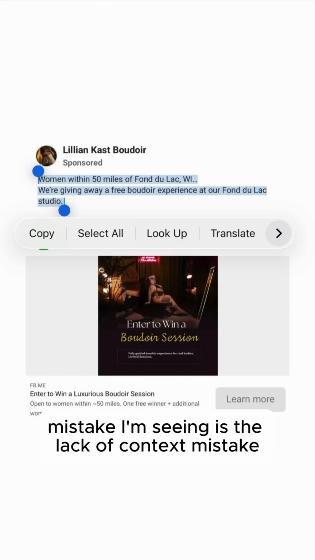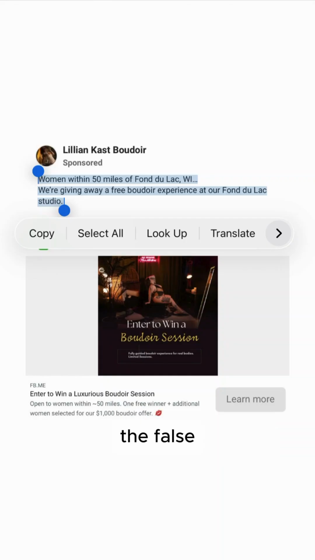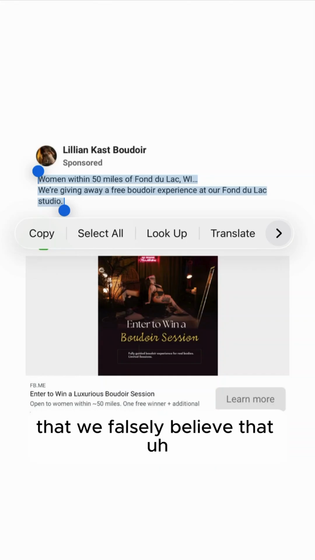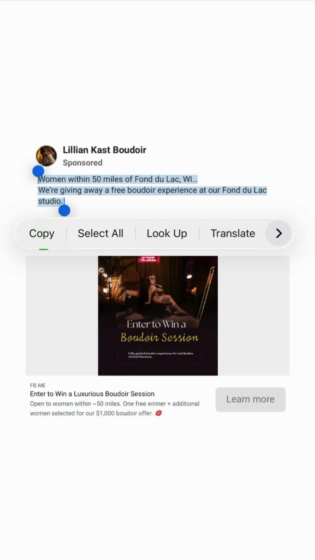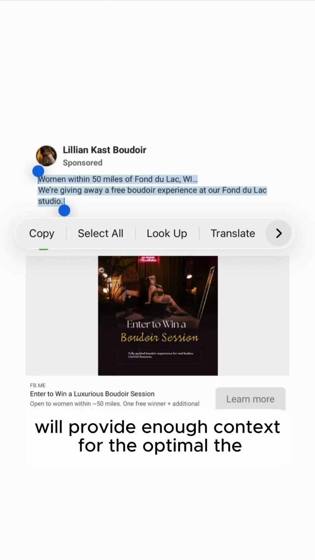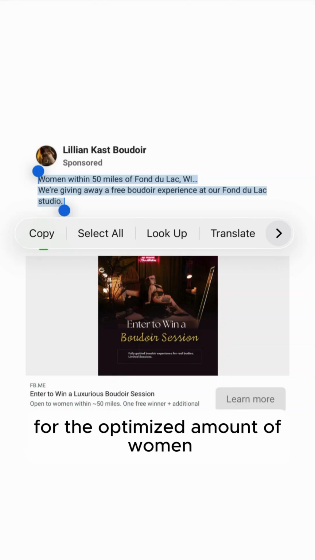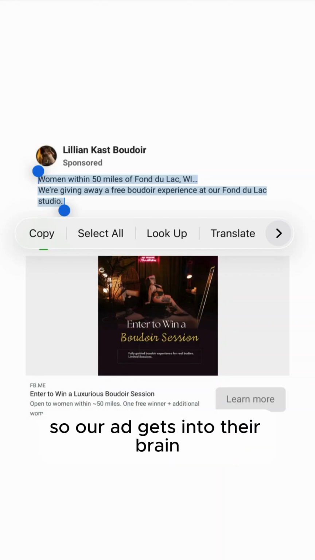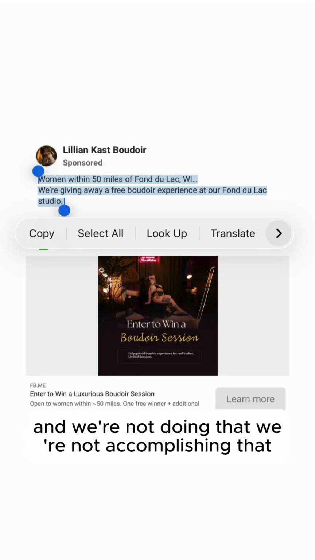So the mistake I'm seeing is the lack of context mistake. The false belief that caused us to make this mistake is that we falsely believe that we're providing enough context for the optimized amount of the correct women to click somewhere on our ad so our ad gets into their brain. And we're not accomplishing that.